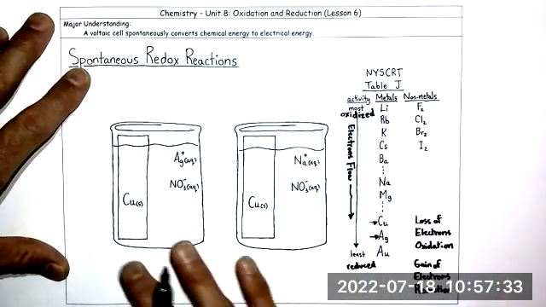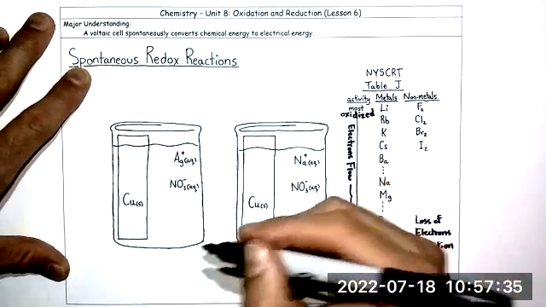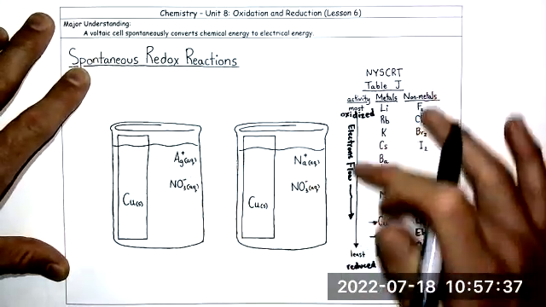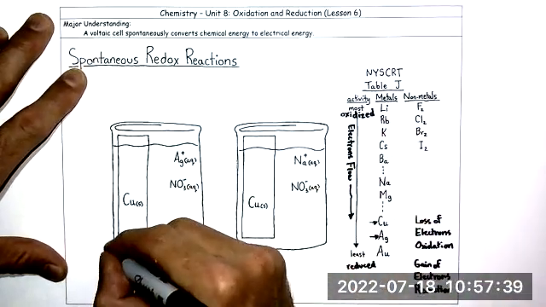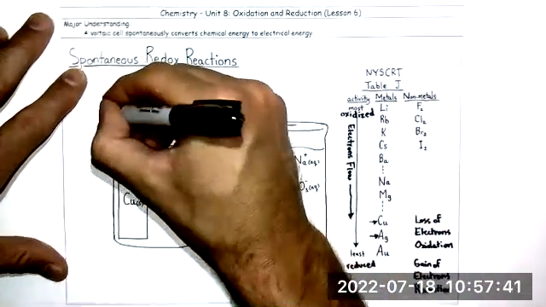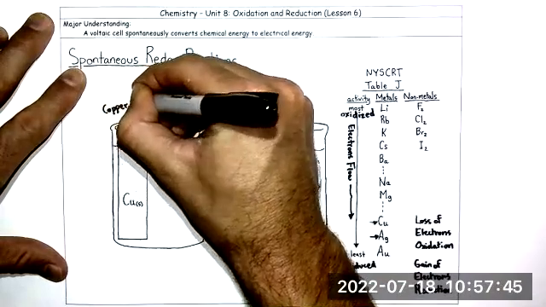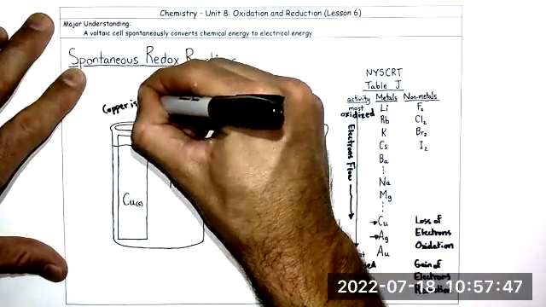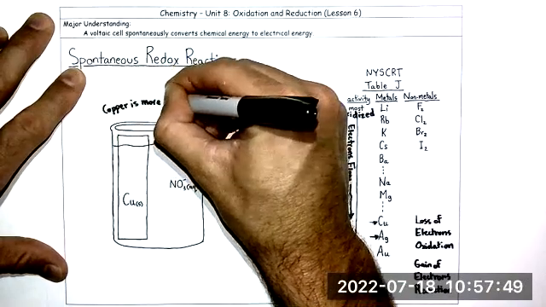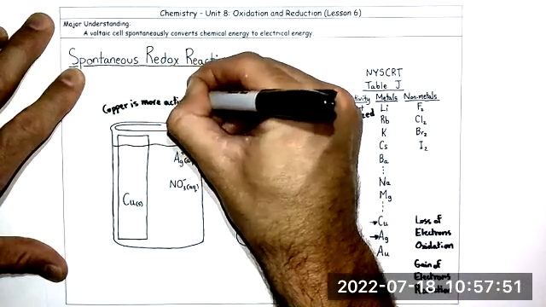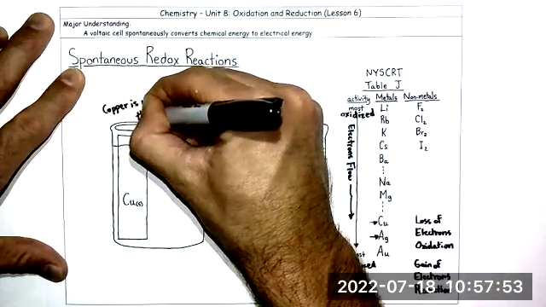And so because of that, this reaction, since this is the natural spontaneous flow of electrons, this reaction will be spontaneous. So copper is more active than silver.